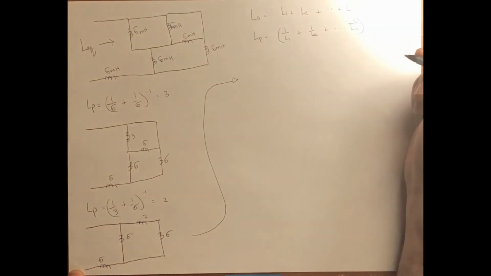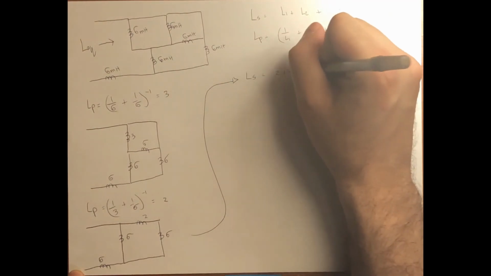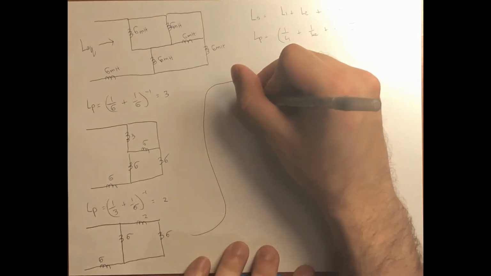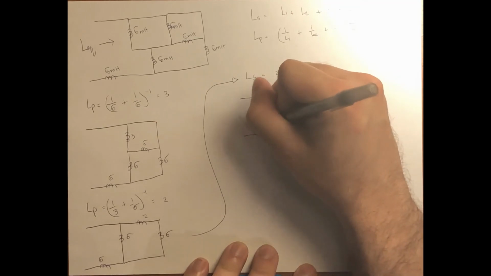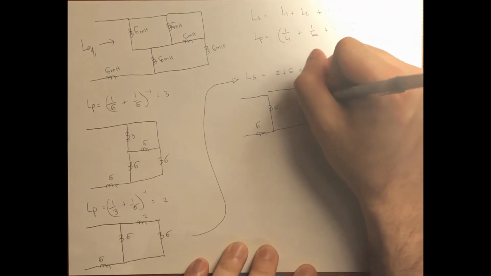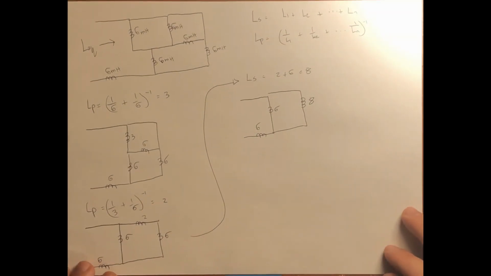We use the series formula, 2 plus 6, that gives us 8. So we redraw the circuit again. We have 6, 6, and the 8 millihenry that we just calculated.